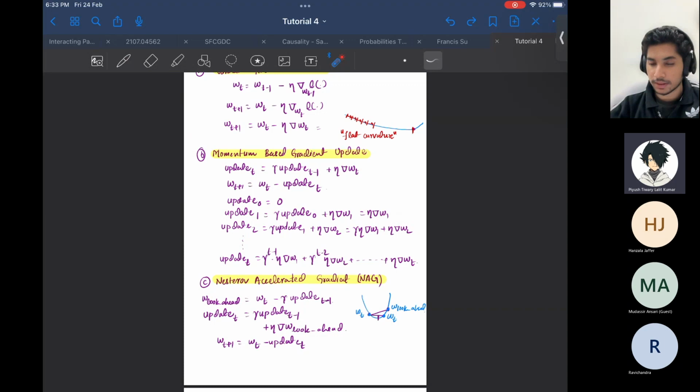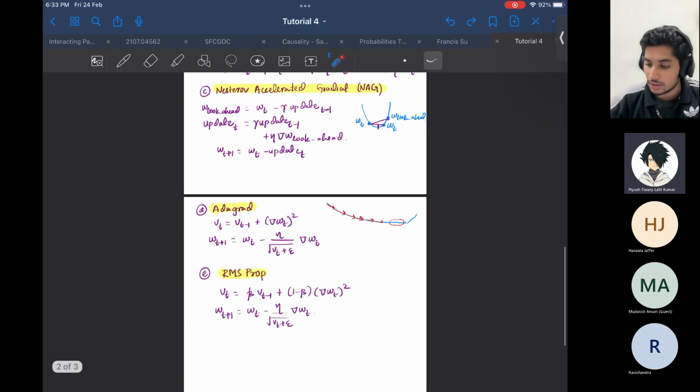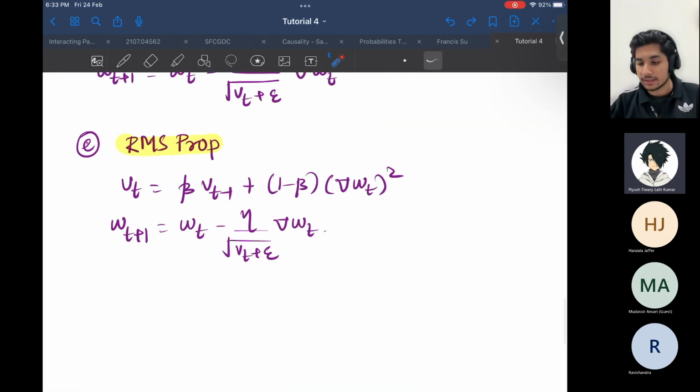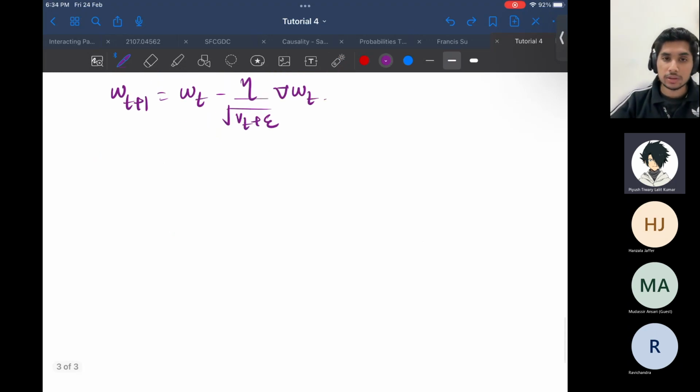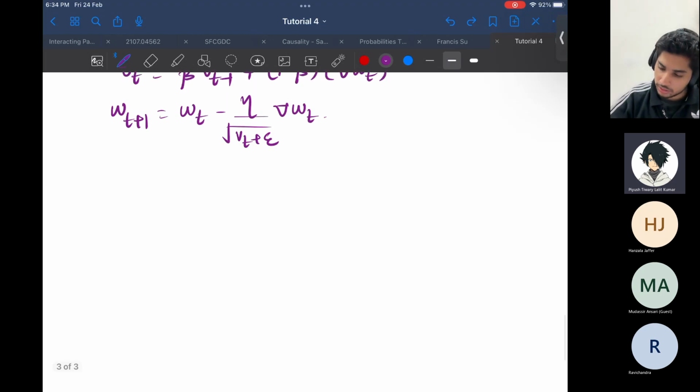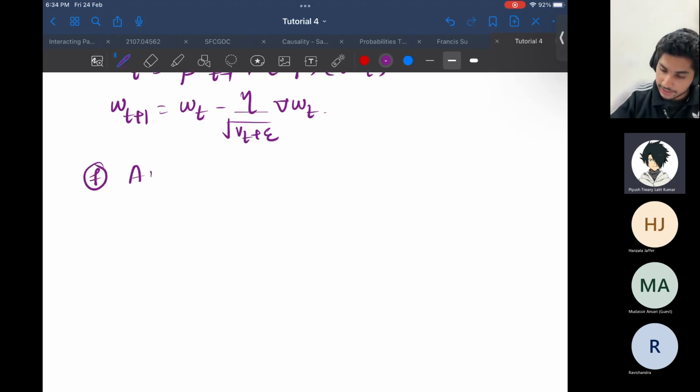Your updates are changing. Then someone said, why not combine these two ideas? Why not use adaptive learning rate as well as adaptive gradients? That led to the rise of what we call the Adam optimizer.